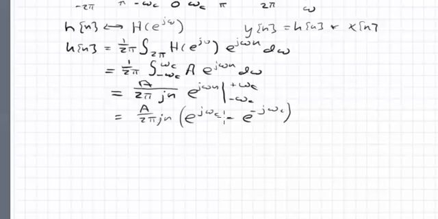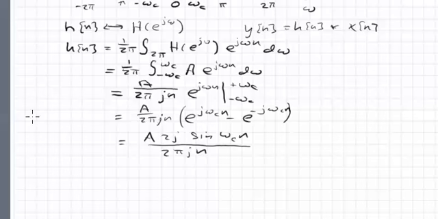And of course, this is just an Euler identity, and we get a 2j sine omega c. Oops, I left out the n, over 2 pi j n.